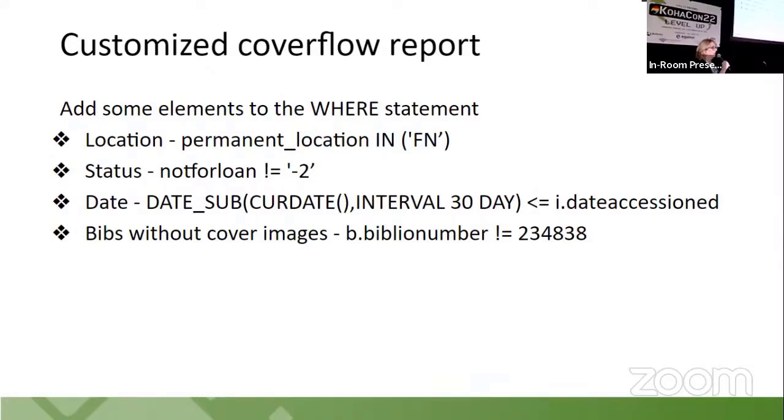But we used the cart to shelf feature. And so I was not capturing the items that we call recently returned, is what the language is in the catalog. Those would fall out of the Coverflow because they had a temporary location for a while. So we're using permanent location.